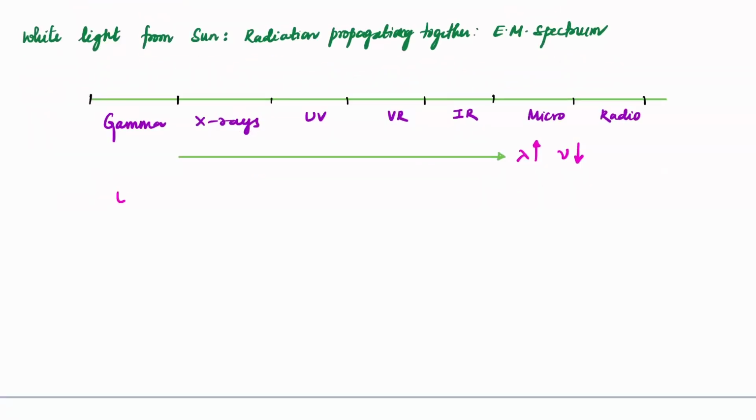Now within the visible region, it starts from violet. From here to here, what's happening to the wavelength? Wavelength is increasing, frequency is decreasing. So the highest frequency is for violet color.